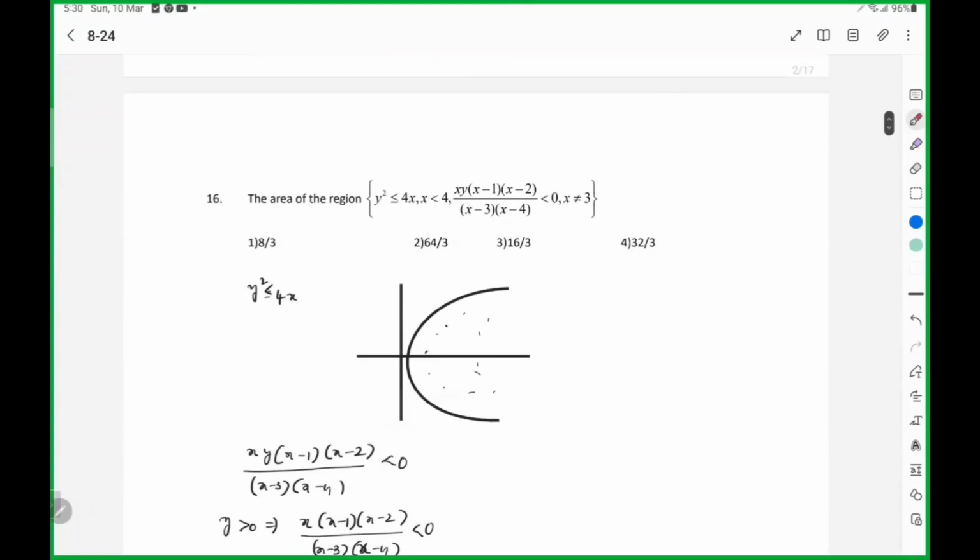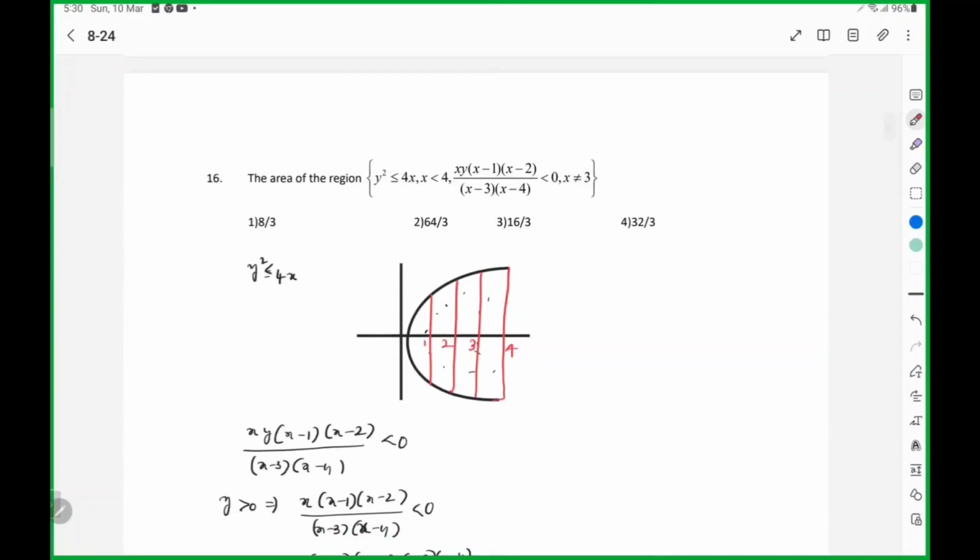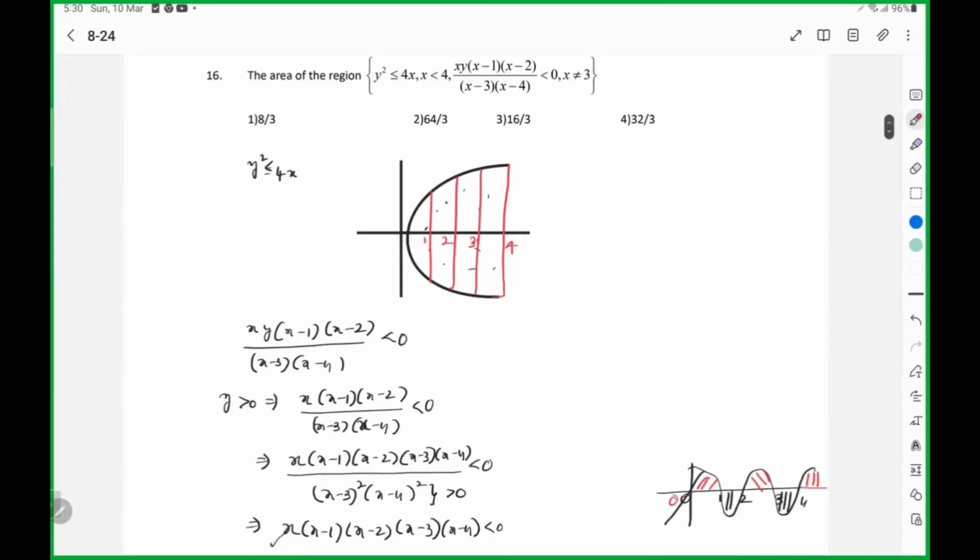Now here he told x less than 4. So where it is negative, 1 to 2 and 3 to 4.